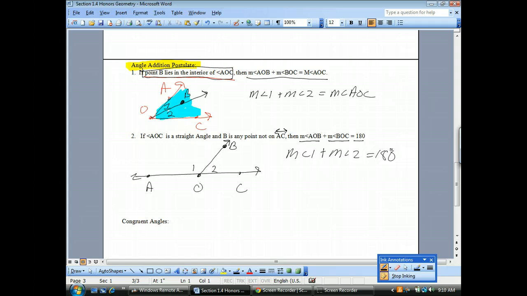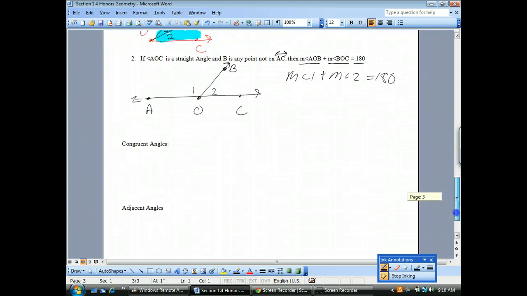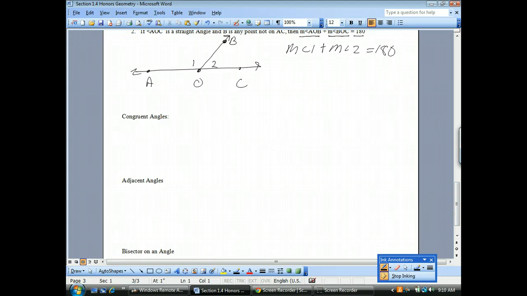Then we have congruent angles. And congruent angles are just angles which have the same measure. Okay?